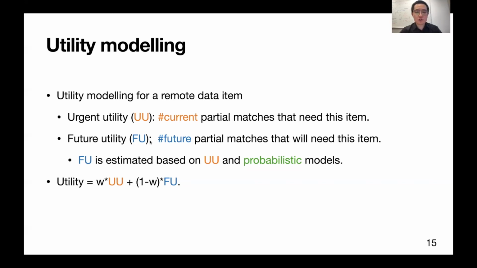And because future utility is something in the future and can only be computed in retrospect, we need to estimate it. And this estimation is based on urgent utility and probabilistic models. And then the overall utility is computed based on both urgent utility and future utility.